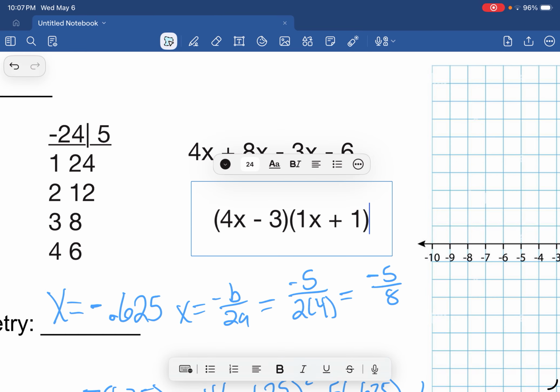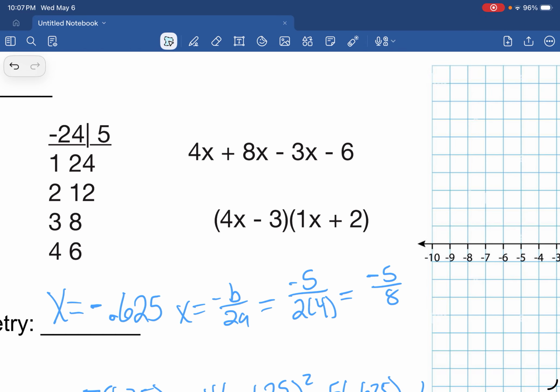It's not 1x and 1. And this is going to be a 2.